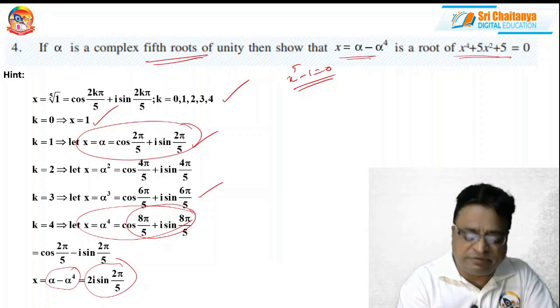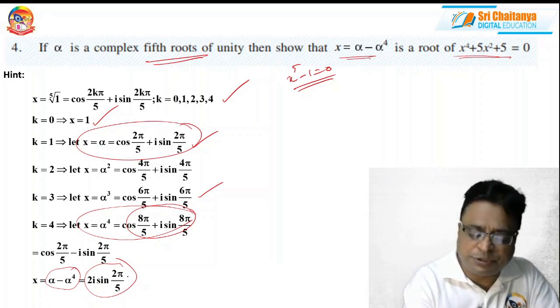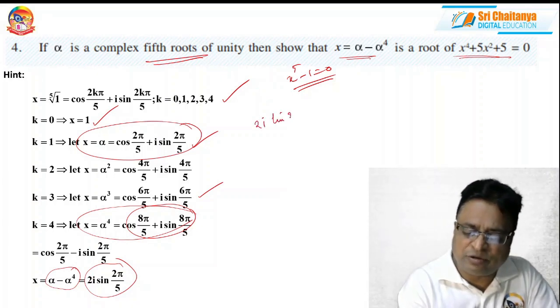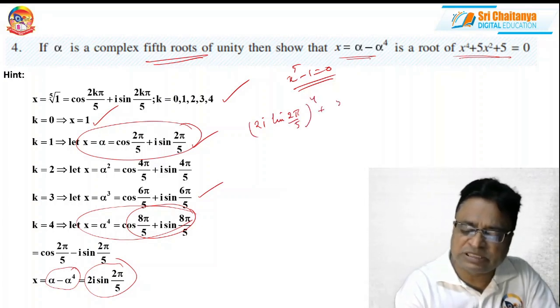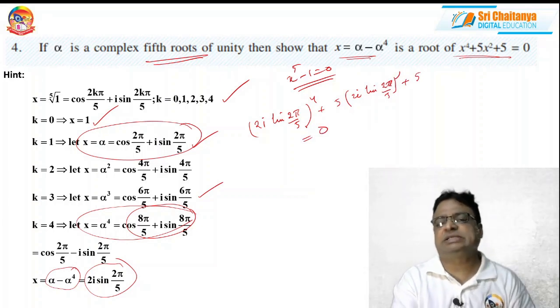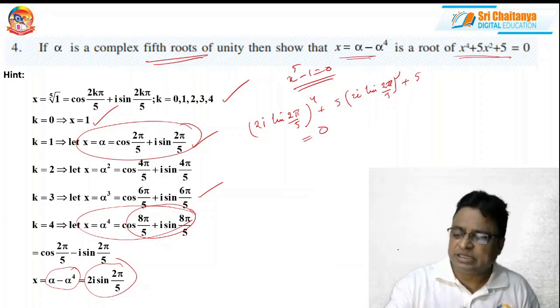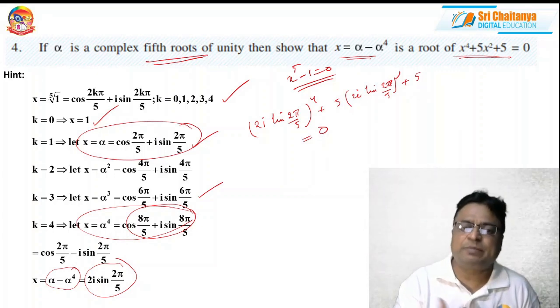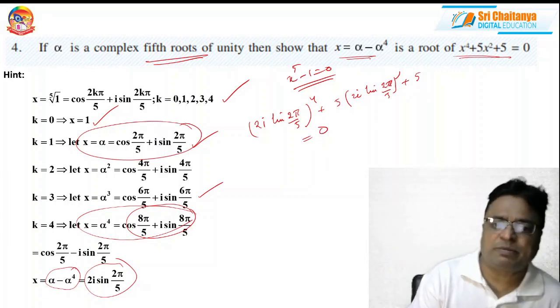After finding the difference, I got the value of x as 2i sin 2 pi by 5. Now substitute the value over there: (2i sin 2 pi by 5) whole power 4 plus 5 into (2i sin 2 pi by 5) whole square plus 5. You simplify this, you will get the answer as 0. This is another way to prove this problem. Okay, this is another beautiful technique to solve this problem.